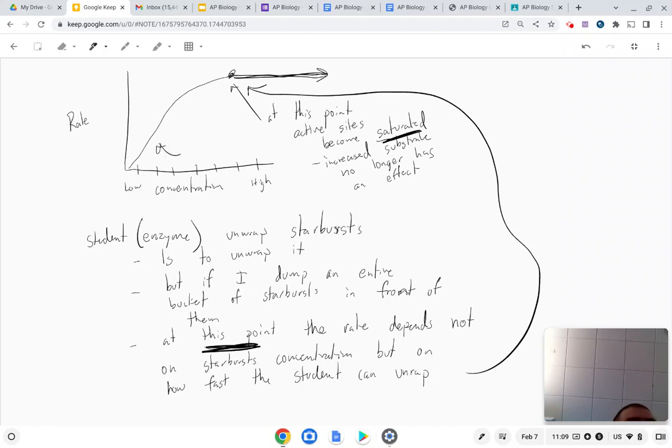Early on, it did help because I was giving so few starbursts that increasing how much concentration I gave did have an effect early on. But at a certain point, you just can't work any faster. The active sites are saturated, and we no longer see an increase in the rates.